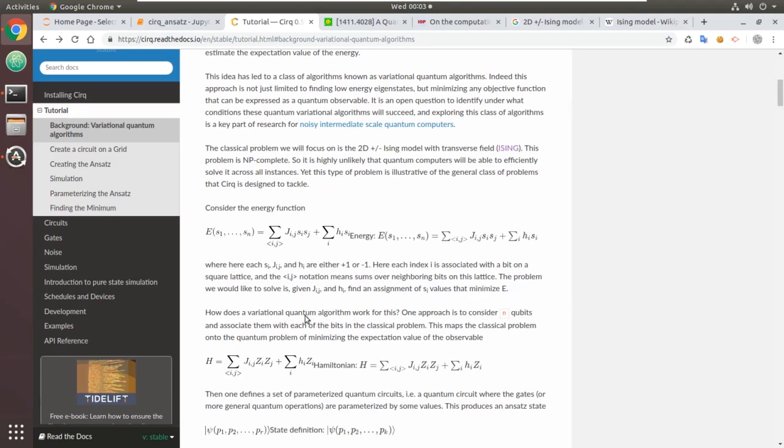The problem we would like to solve is: given J_ij and H_i, find an assignment of S_i values and minimize E. So the parameters are the S things here.